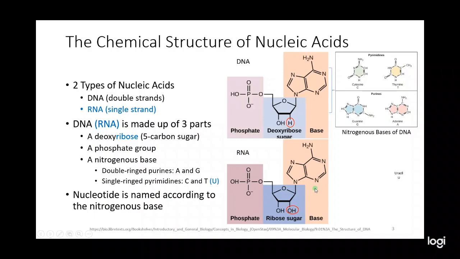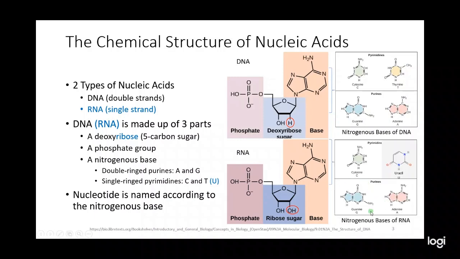Nitrogenous base, one of four types: double-ringed purines, adenine and guanine; single-ringed pyrimidines, cytosine and uracil instead of thymine in DNA. Each nucleotide is named based on its nitrogenous base. For example, in this diagram, this is adenine, so it is referred to as A.